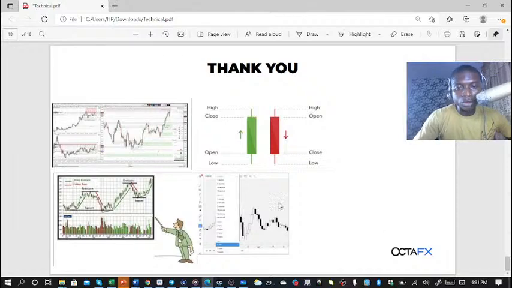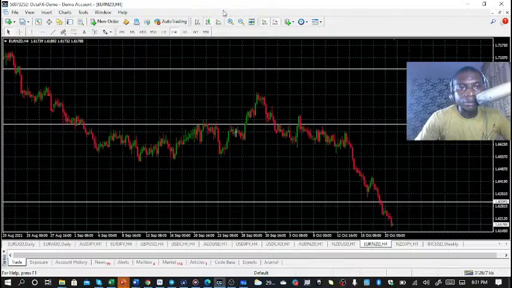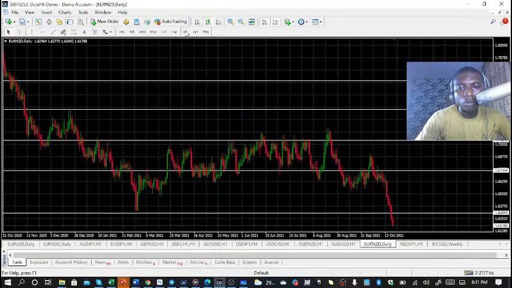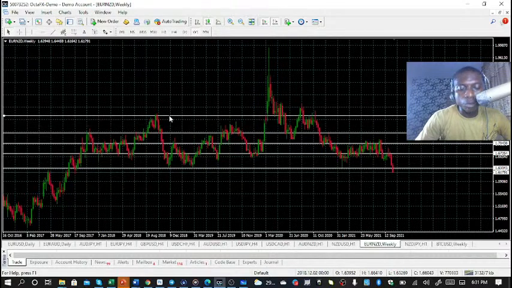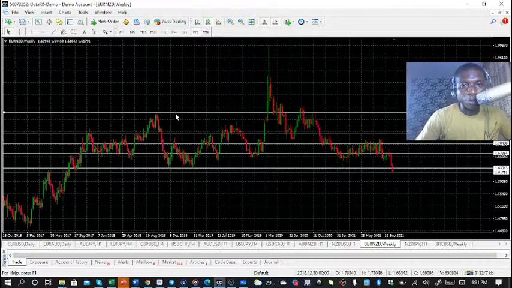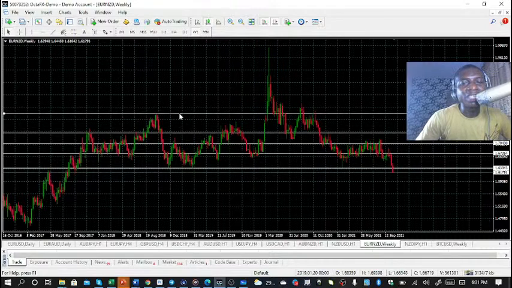Okay. So in the absence of questions, let me just have a rundown of what's happening, what we've talked about. You can see this level above here, where I'm moving this thing, is a resistance level. Why? Because we've seen price touched it and was rejected.